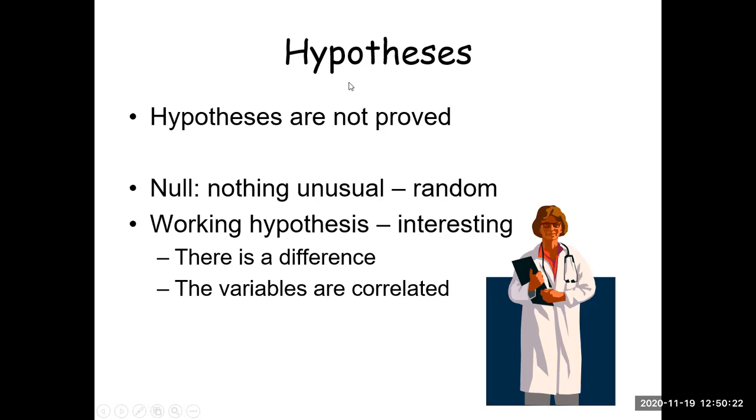So there are two cases for statistical hypotheses, and once again, these are statistical hypotheses, not science experimental hypotheses. We don't have a question we're trying to provide an answer for. This has to do with the number crunching.